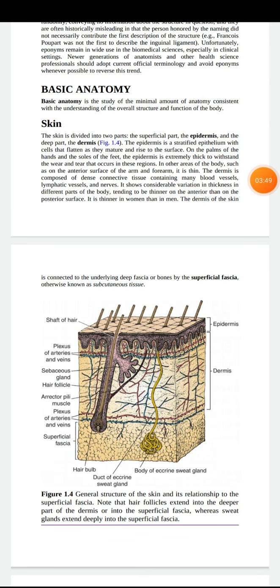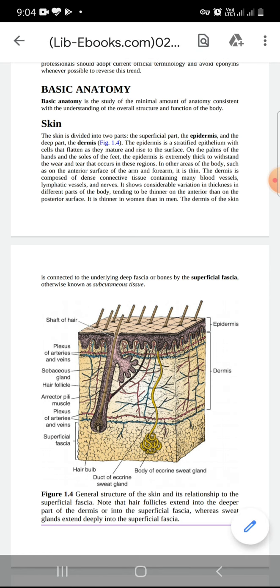Figure 1.4 tells about the general structure of the skin and its relationship to the superficial fascia. Note that hair follicles extend into the deeper parts of the dermis or into the superficial fascia, whereas the sweat glands extend deeply into the superficial fascia.